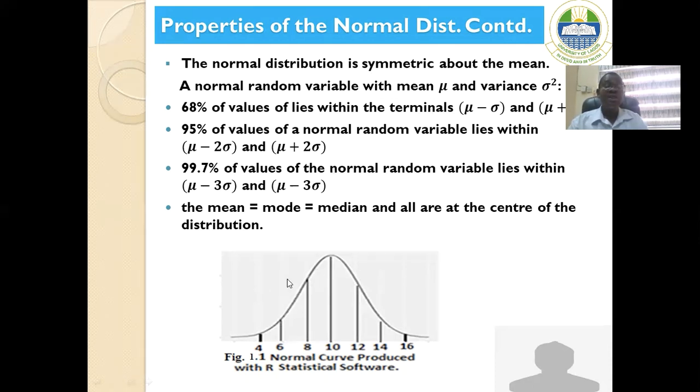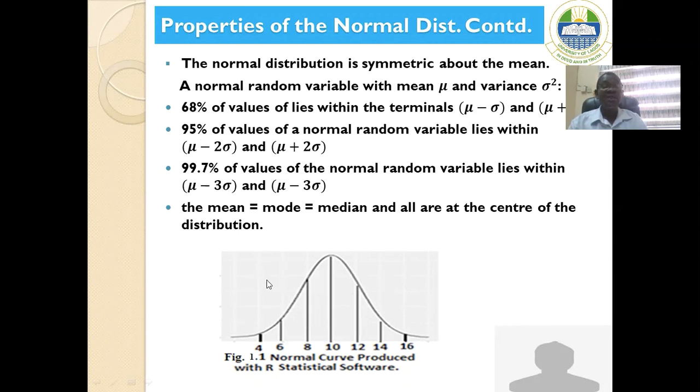Now, one thing about the normal distribution: within this area, that is minus 1 standard deviation to plus 1 standard deviation, lies 68% of the values of the normal random variable.